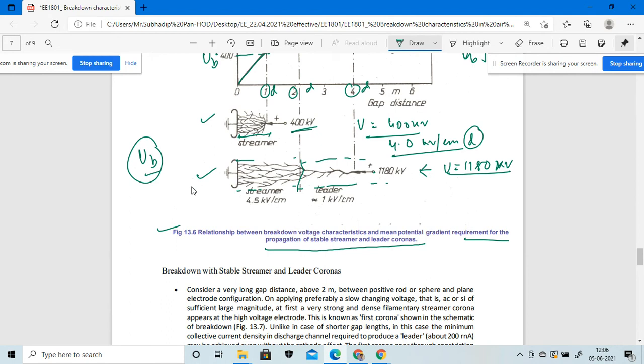But if we consider the voltage applied to the particular section to be 1180 kV, it will be my leader corona up to 1 kV per centimeter. But beyond 1 kV per centimeter, it should be termed as a streamer corona, right? So this portion will be considered as a leader corona, and this portion will be considered as a streamer corona.